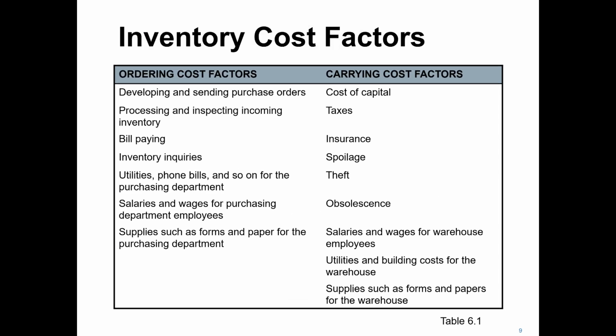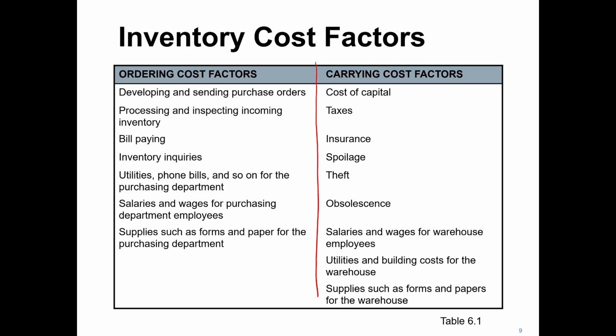Now we'll see what the ordering cost factors and carrying cost factors are. Let's look at the left side of this table. Let's say this is the left column here, ordering cost factors, and the right is the carrying cost factors. Let's look at the ordering cost factors.